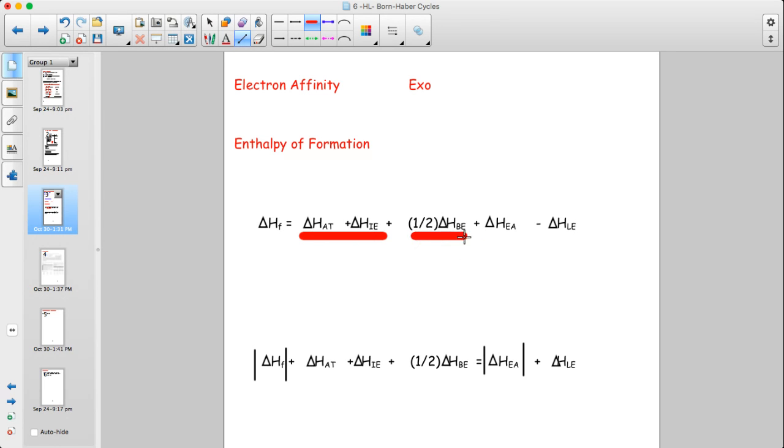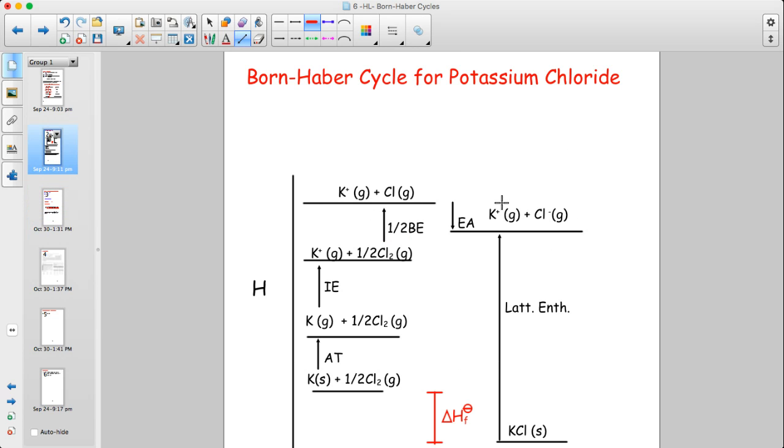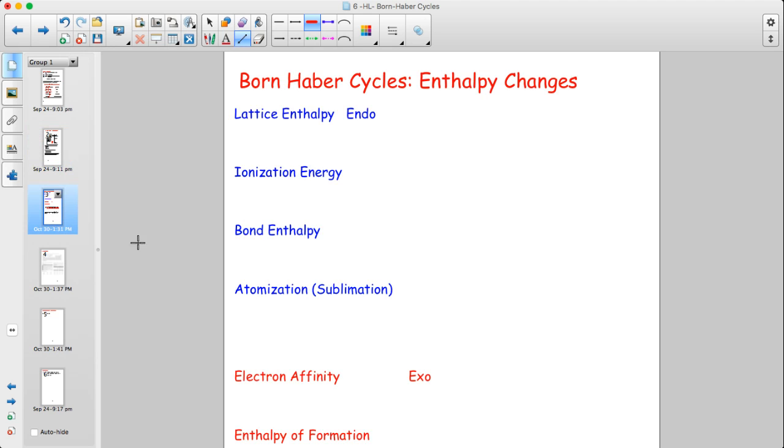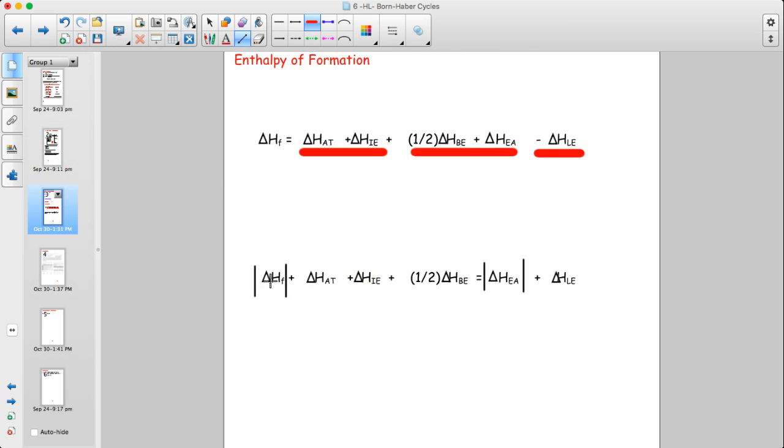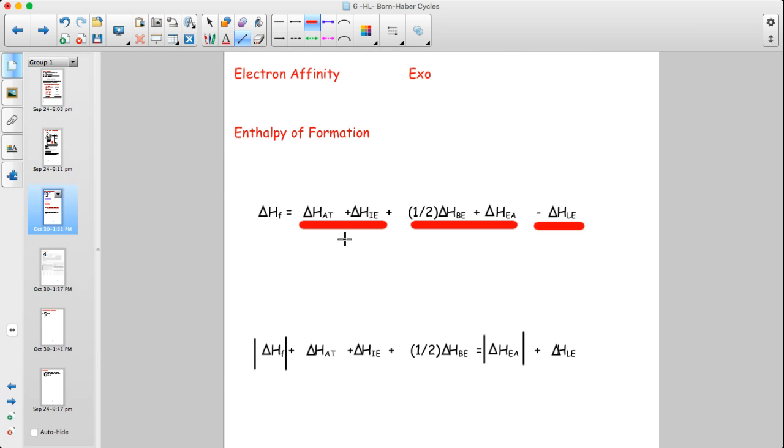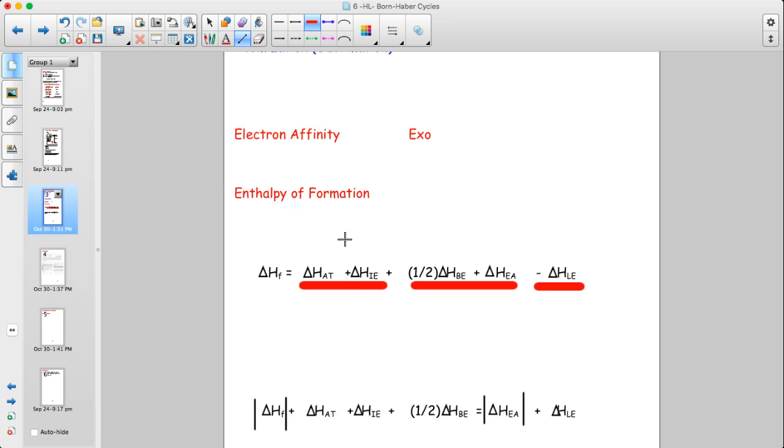You can form the negative ion with half a bond enthalpy and electron affinity to make it a negative ion, and then you subtract out the lattice enthalpy because you're thinking about the gaseous ions forming the ionic compound. So it's the opposite of how the lattice enthalpy is defined. So that's one way to separate out this Born-Haber cycle.